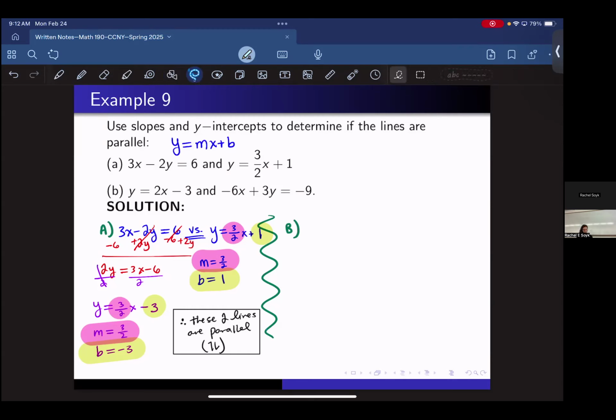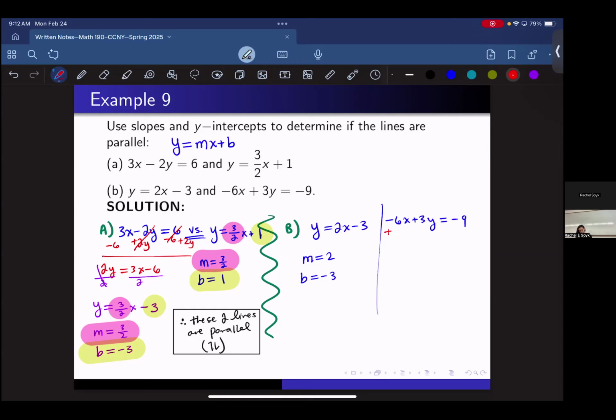Let's try that second one. So that y equals 2x minus 3. We already have our slope is 2. Our y-intercept is -3. Then we have -6x plus 3y equals -9.